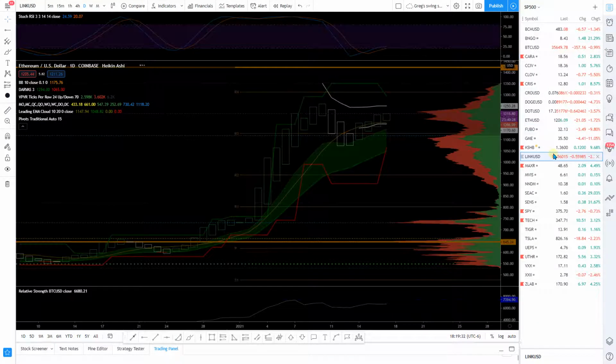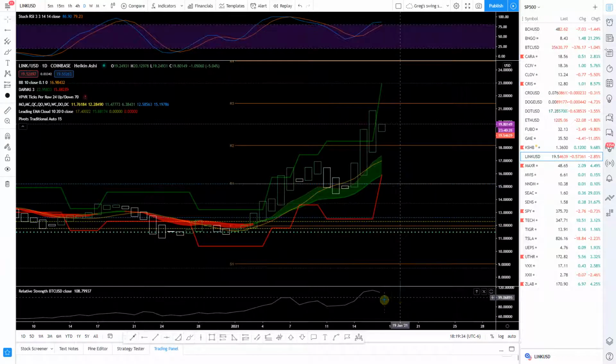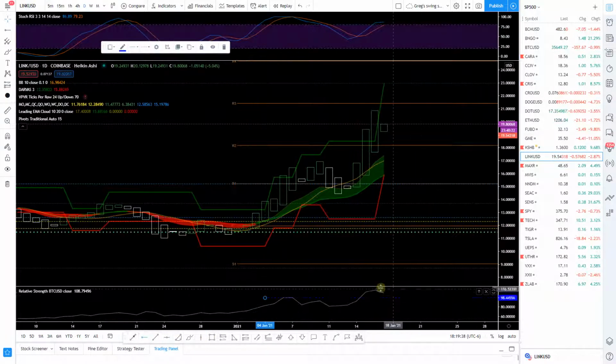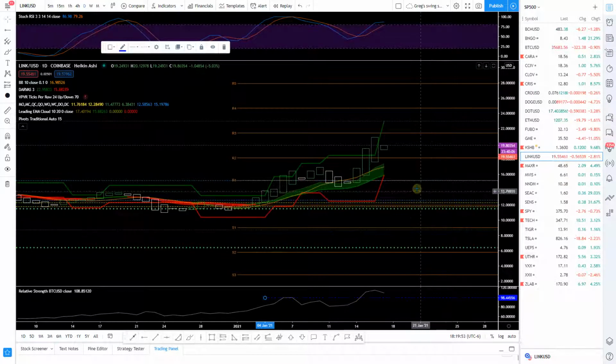Whereas, say, Link, for example, just made a new high. So you got the last high there. So it's trading in higher highs and higher lows versus Bitcoin. So Link is very bullish right now. It's had a little bit of a pullback there, but still, I mean, Link's all-time high was like 20. So it's trying to break out, trying to bust out.